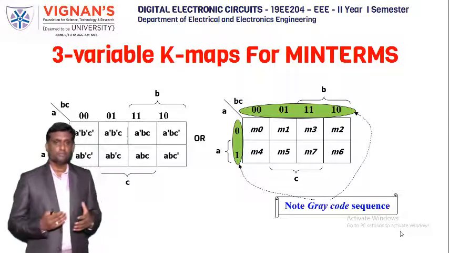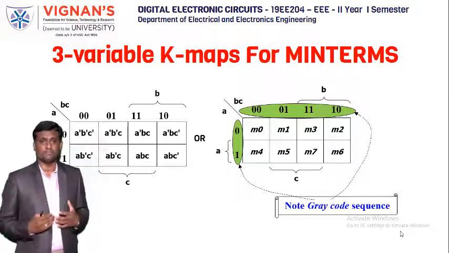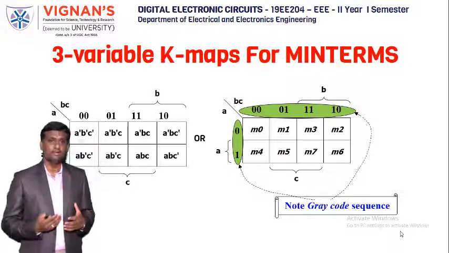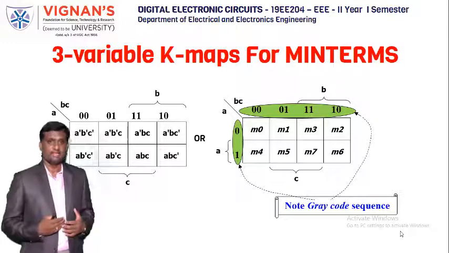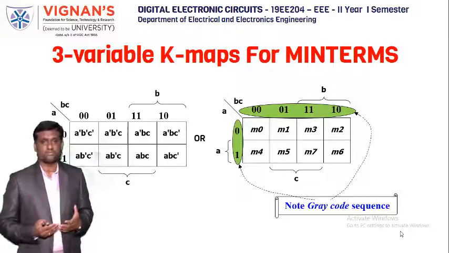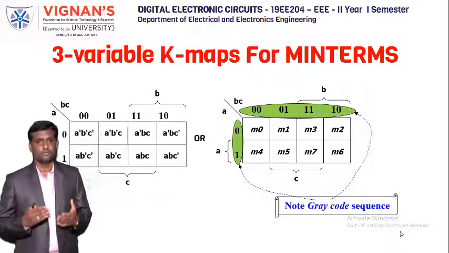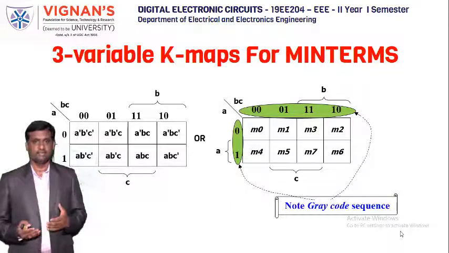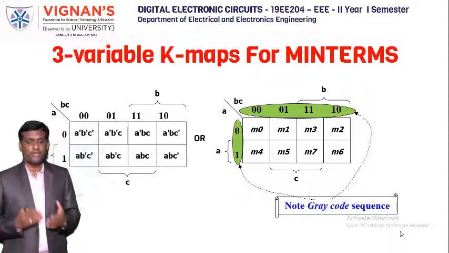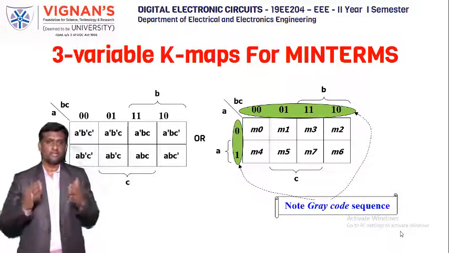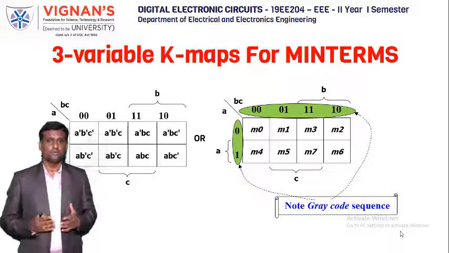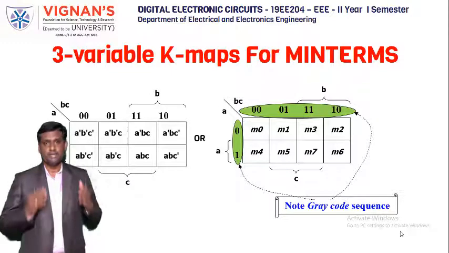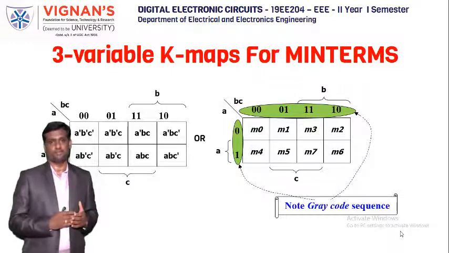In order to identify the column, I consider the variable as A. For identification of rows, I use the other 2 variables B and C, because we have 4 rows. In order to represent 4 rows, we need a minimum of 2 variables.